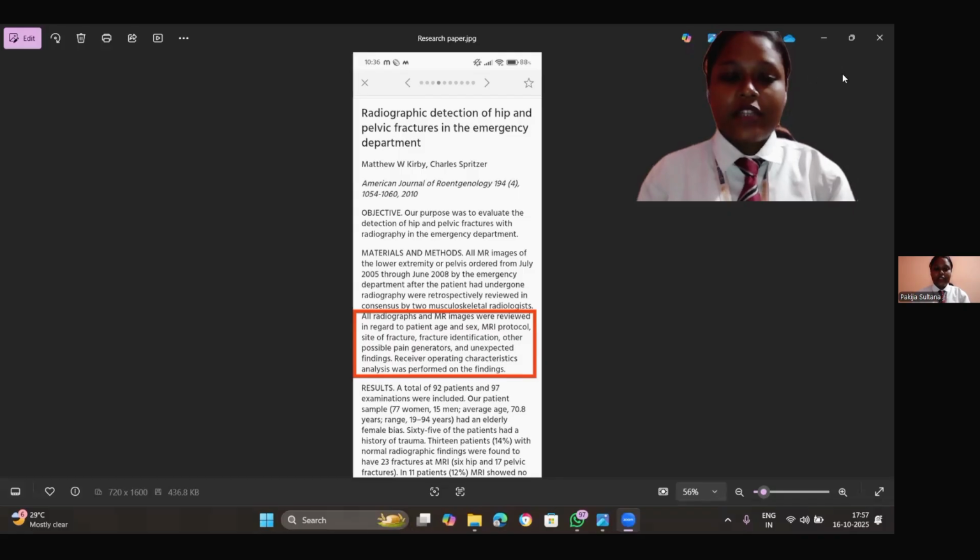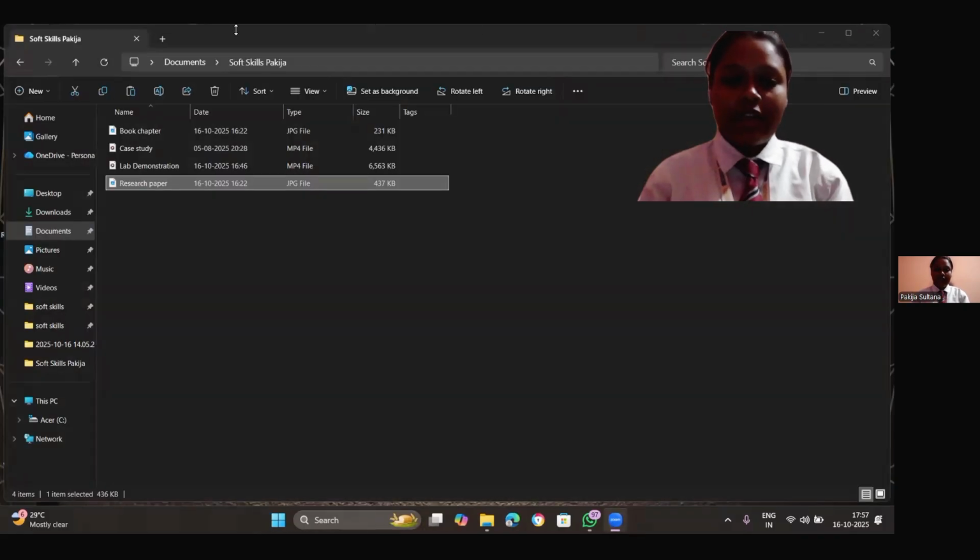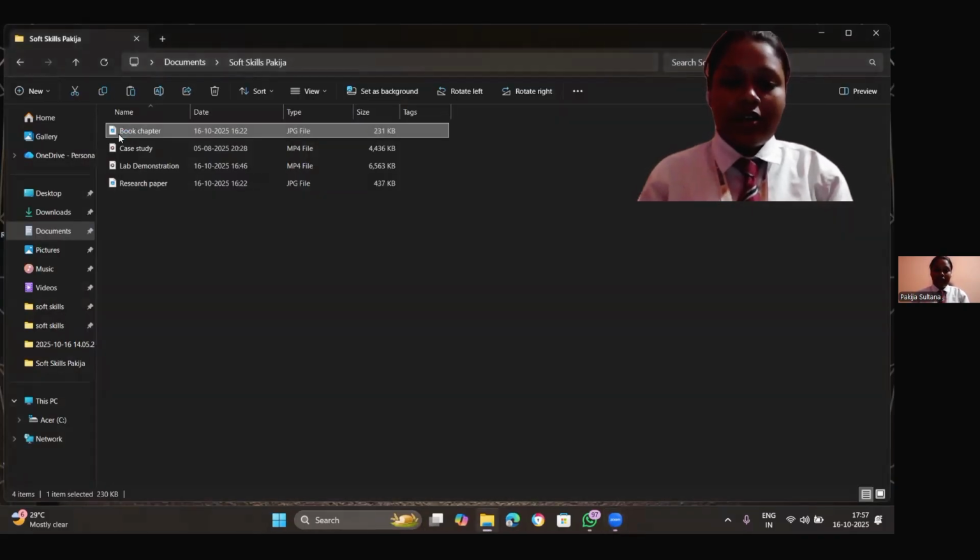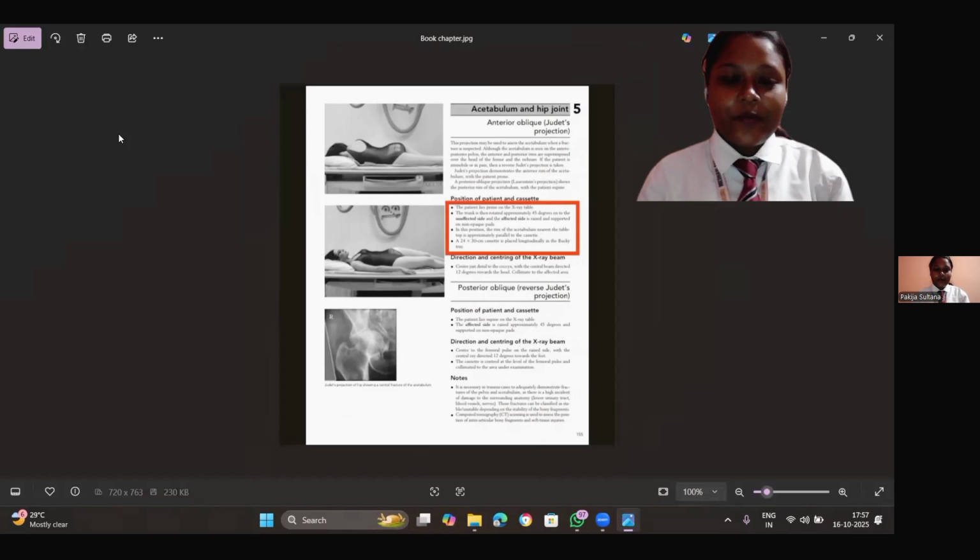Now I will show the Judet view on the topic of the acetabulum and hip joint. This projection is particularly useful when an acetabular or hip socket fracture is suspected.